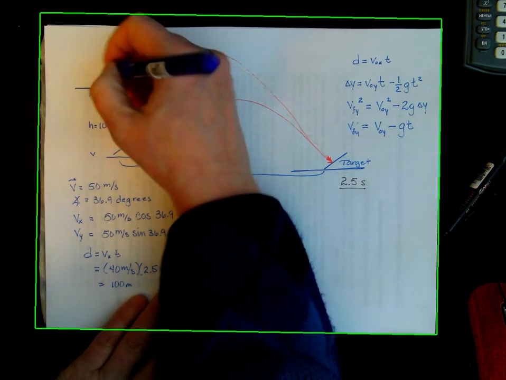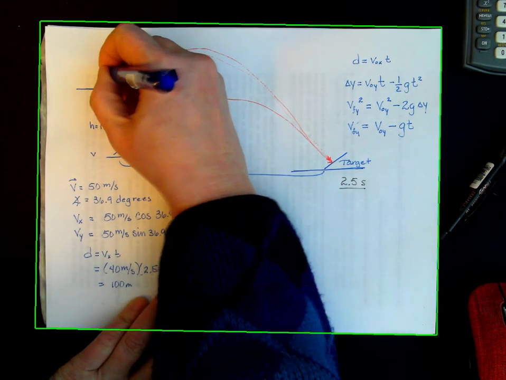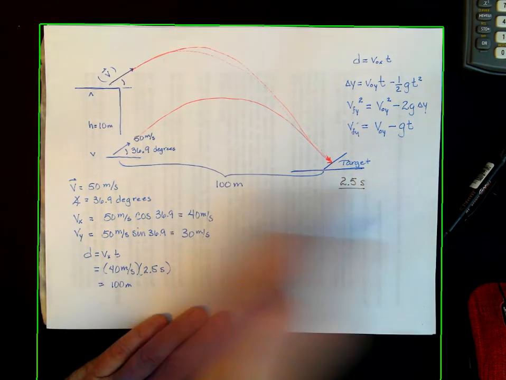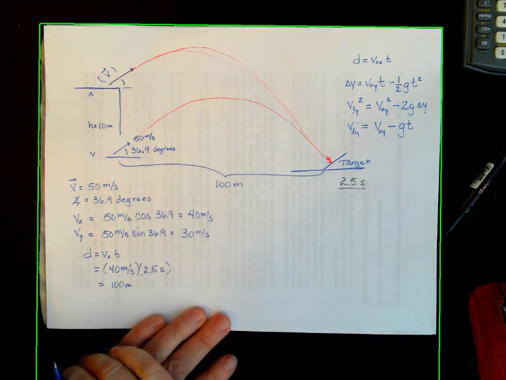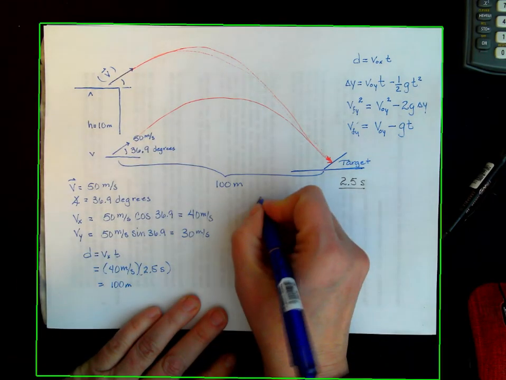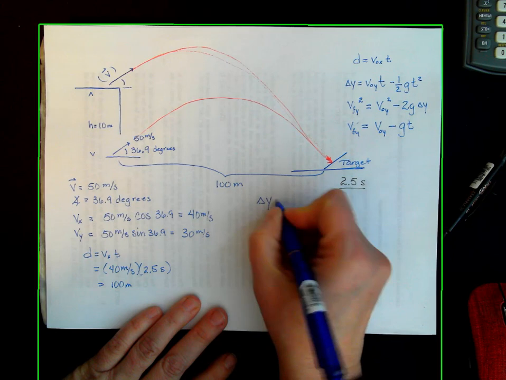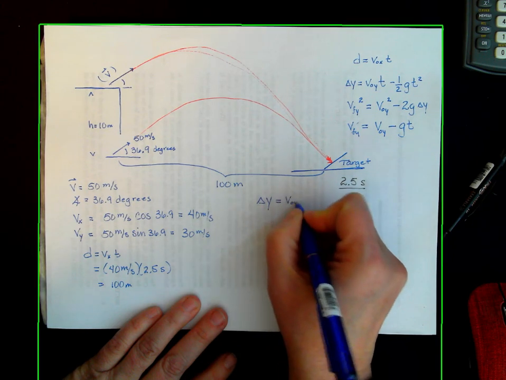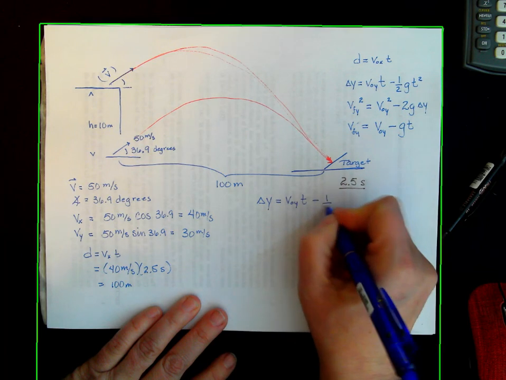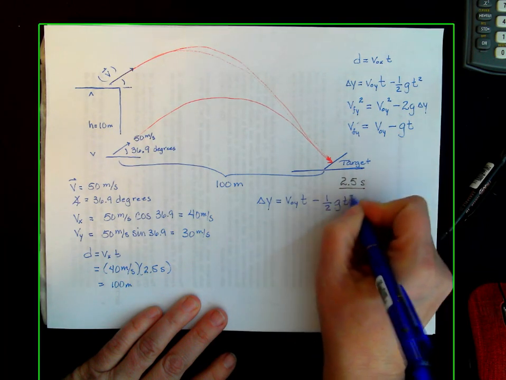Well, what I want to know here is what the velocity vector is going to be in order to have it hit the target at 2.5 seconds. I'm going to have a change in my height equal to my initial velocity in the y direction times time, plus one half gravity times time squared.